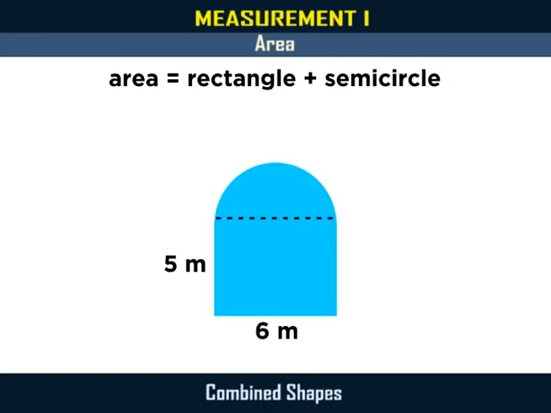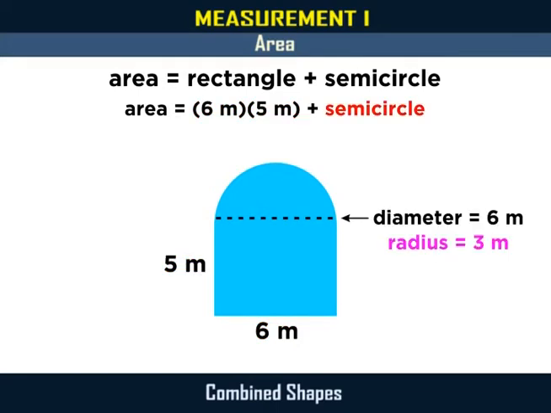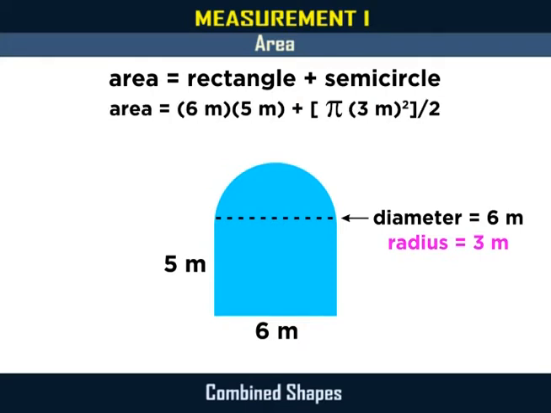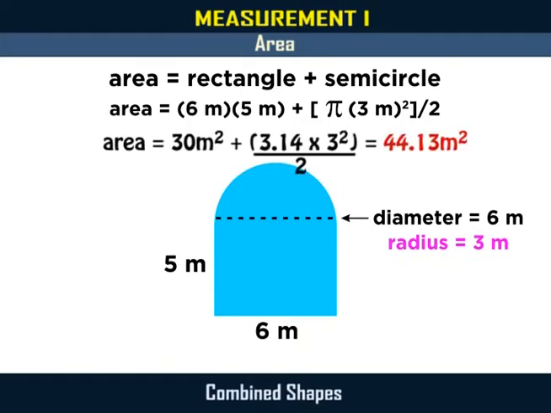We split it up and the rectangular part will be easy. While for the semicircle, we get the radius, which is basically half the diameter. Then we calculate pi times radius squared and cut it into half since it's half a circle.